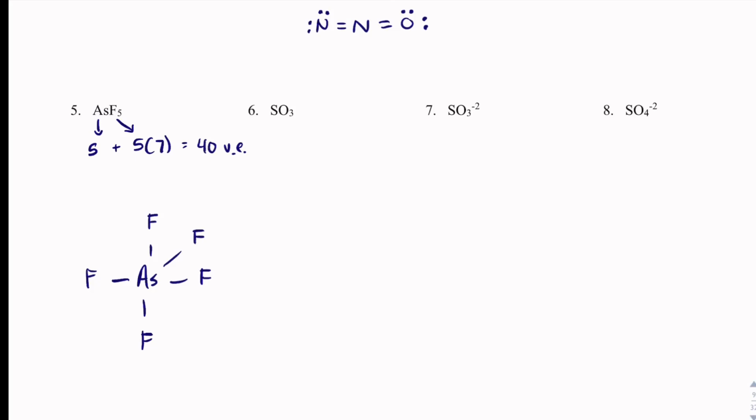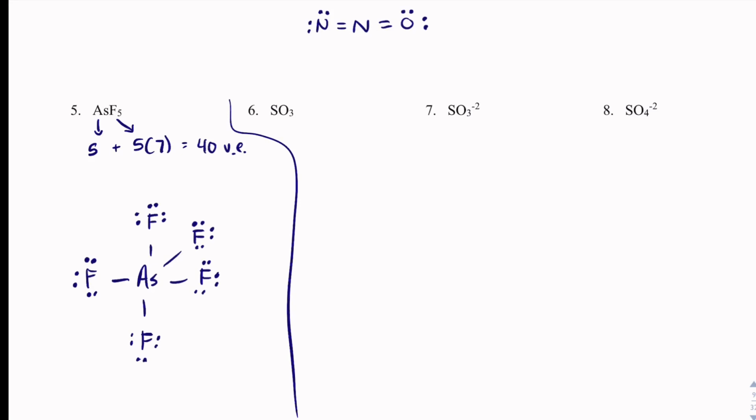Give everything 8 valence electrons, so cover all of the 4 sides of our F. Notice that arsenic already has all 4 sides covered and more, so we don't need to add anything to arsenic. So now we're going to count and see if we got 40.